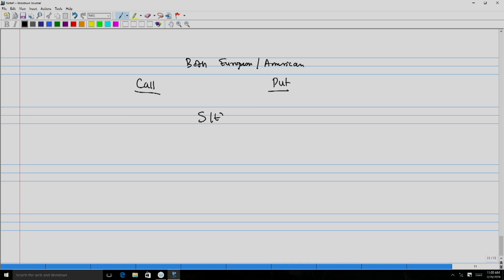S of t is greater than K, S of t is less than K, and S of t is equal to K. When S of t is greater than K, in case of call option it is called in the money. In case of put option, this is called out of money.